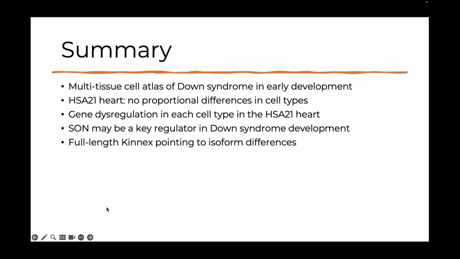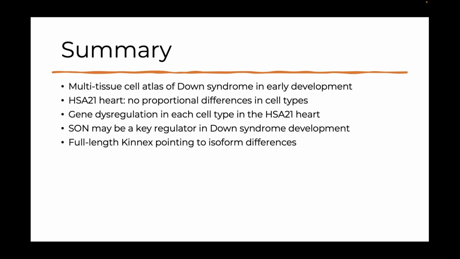So overall, what I've described is that we've generated a multi-tissue cell atlas of Down syndrome in early development, and that in the trisomy 21 heart, we do not detect proportional differences in cell types, but we do detect significant gene dysregulation that impacts both chromosome 21 genes as well as genes that are in other chromosomes of the genome.